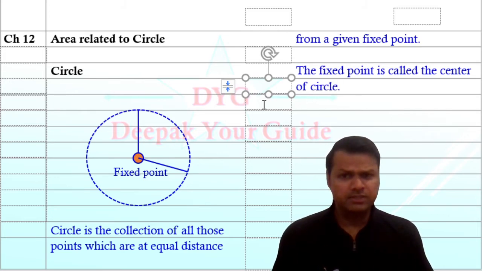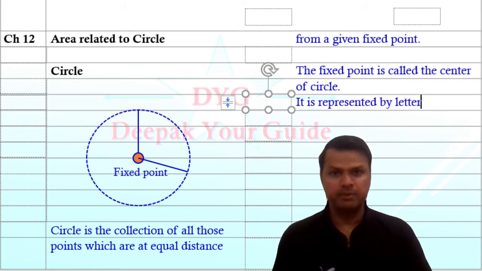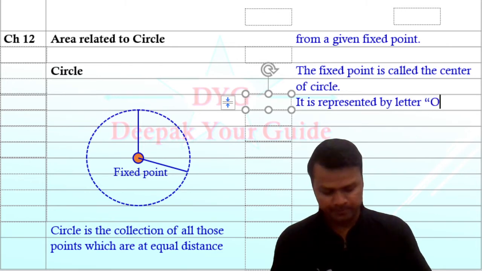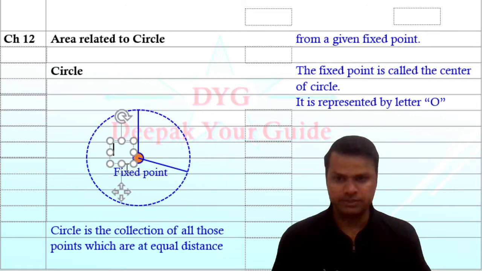And generally, this fixed point, which is the center, is represented by the letter O. So we use capital O to represent it. So let me write this O here. That's the general standard notation.